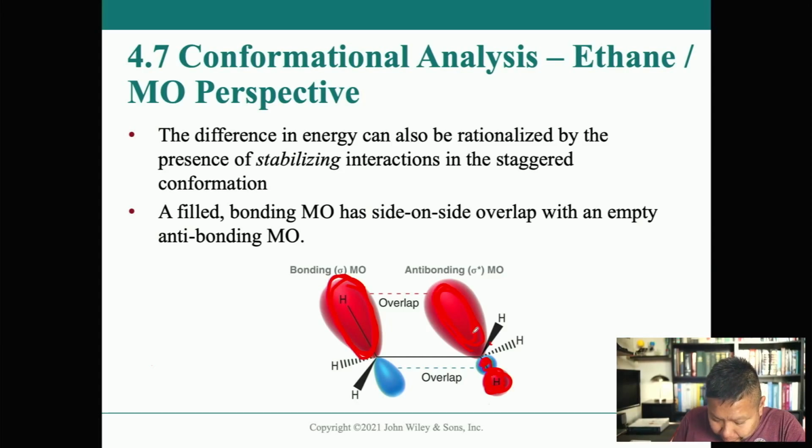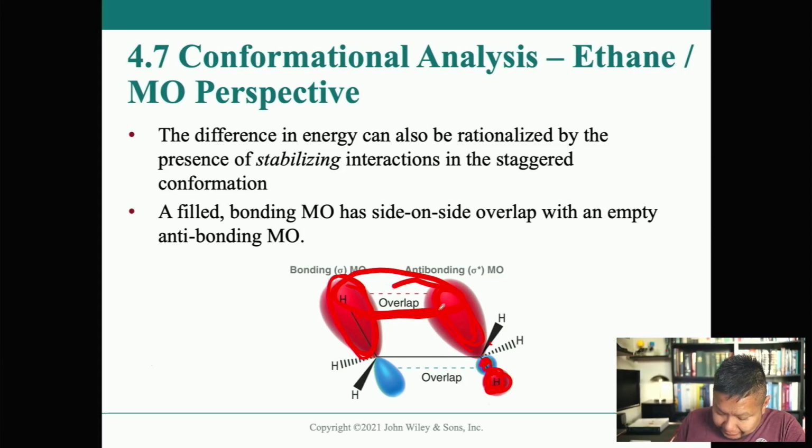So now you're overlapping a bonding molecular orbital with an antibonding molecular orbital, which is good because there are no electrons in an antibonding molecular orbital. So there won't be as much electronic repulsion between these two things.